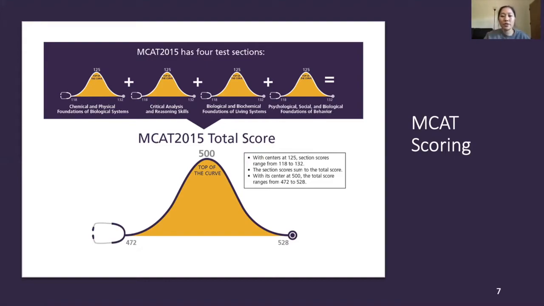And Caribbean schools are still MD schools, but when the applicants apply to residency, they're considered different than US MD applicants. So they might have a considerable disadvantage when they apply to residency and matching.